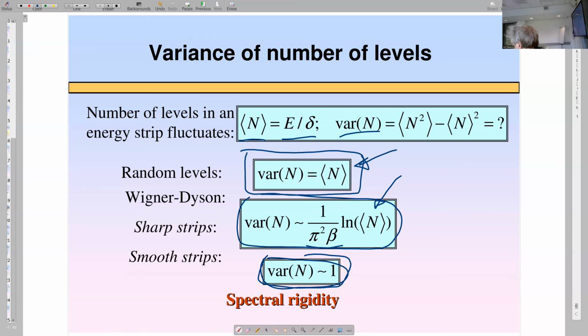Anyway, it has 10 to the 5 inhabitants. Let's estimate the fluctuation of the number of inhabitants by random statistics. So we have square root of 10 to the 5. It would be about 300 people.